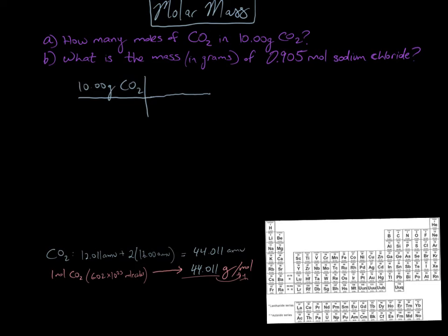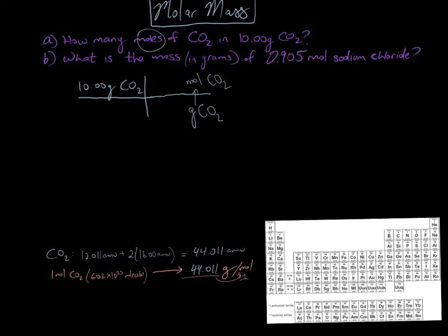I know I have 10 grams of carbon dioxide. And if I have grams here, then I'll have grams down here. I essentially want to get to moles of carbon dioxide. So that's where my unit will switch. Now, how do I get from grams to moles? Well, using the molar mass, of course.